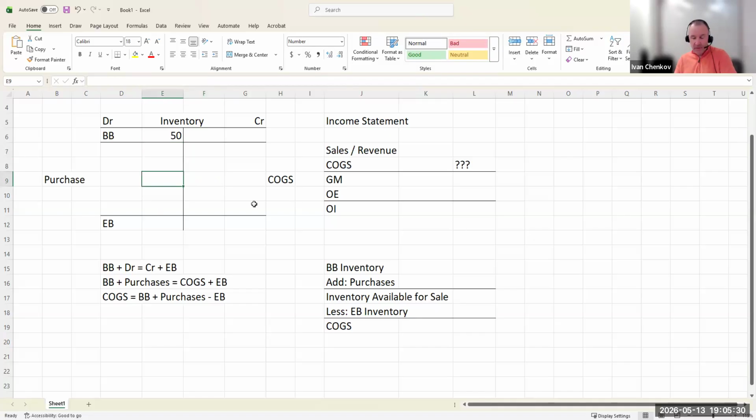You went to the ATM machine and you withdraw 100. You went to Metrotown and you spent $80. How many dollars do you have in your pocket? 70. How did you get it? Beginning balance plus what you withdraw minus what you spent gives you the result, correct?